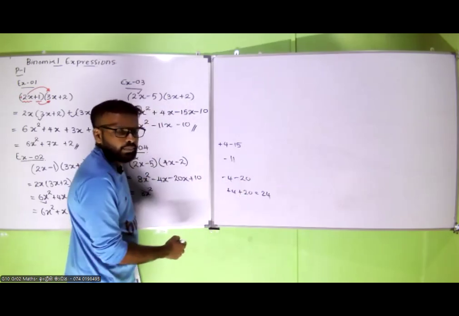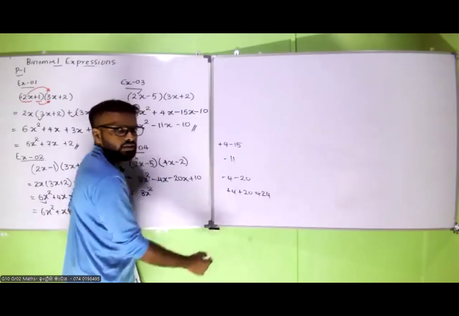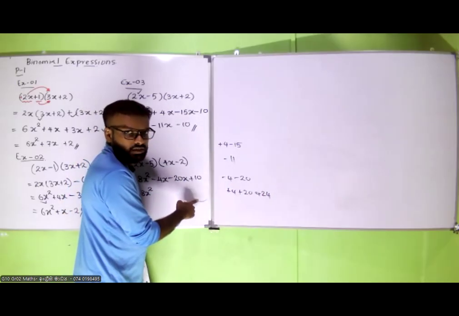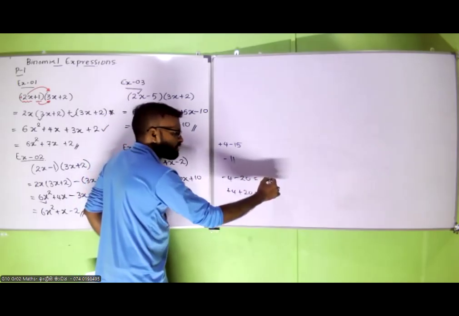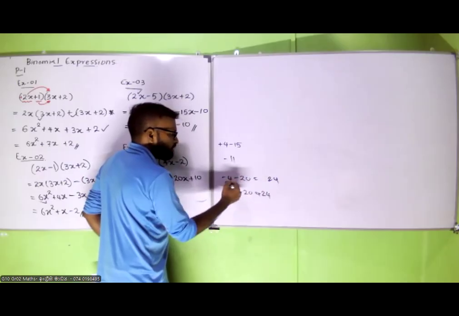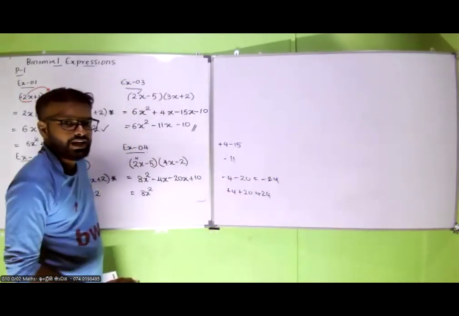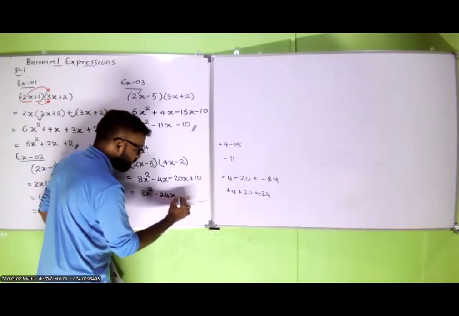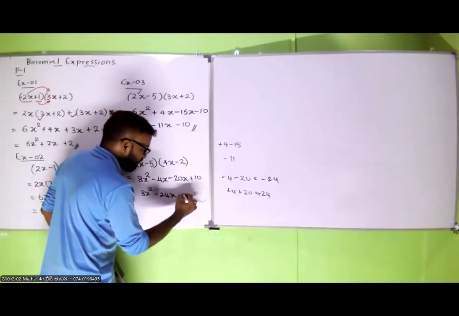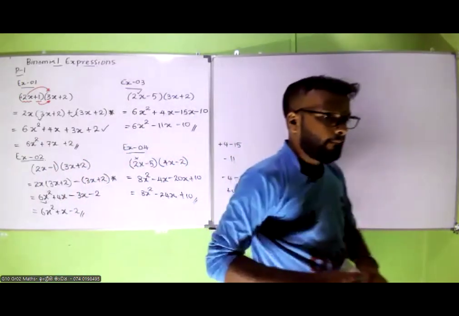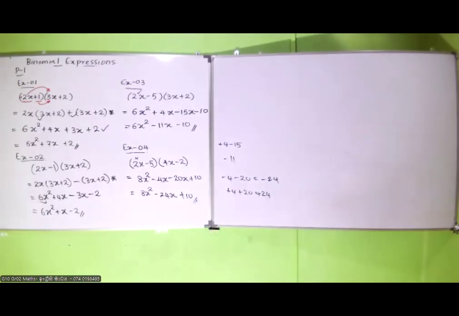You can add them up and put the positive sign. Same thing here, same signs: you add the numbers and put the same sign. Same sign, 24, the sign is negative. So that is how we are going to do it. Negative 24x plus 10. Done.